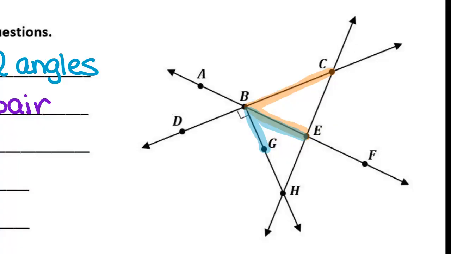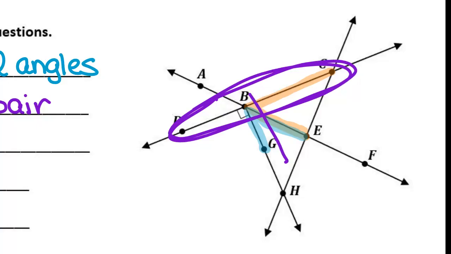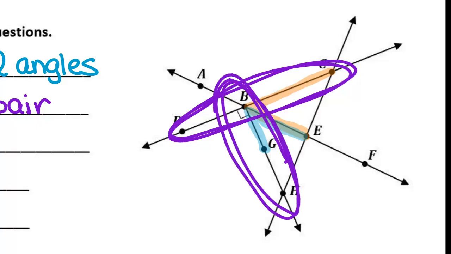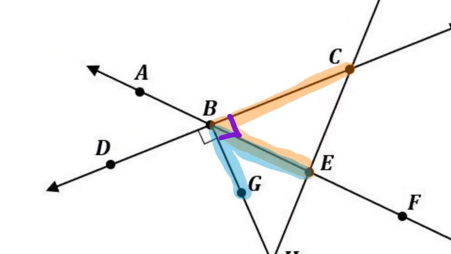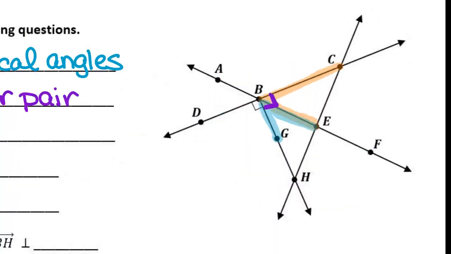They are adjacent. Now, I want you to look right beside the blue angle. Do you see this box right here? That means that this line and this line are perpendicular. Where they are crossing makes a right angle. That means all those corners right here would also be a 90-degree angle.